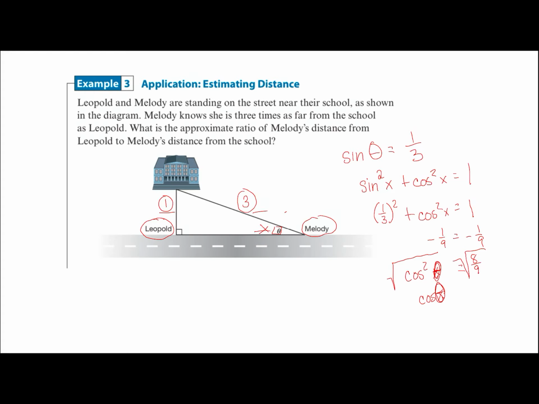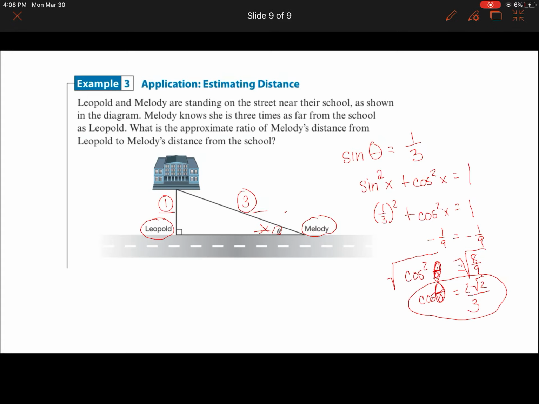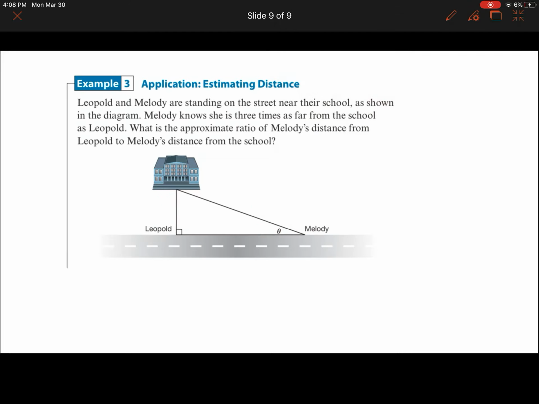That really doesn't matter, but if I go ahead and take the square root of 8, it is going to be 2 times the square root of 2, and then the square root of 9 is 3. So my final answer is going to be 2 times the square root of 2 over 3 times as far as the distance from Melody to the school. All right, guys, that is the end of lesson 91. Good luck with your practice problems, and I will see you tomorrow for lesson 90.